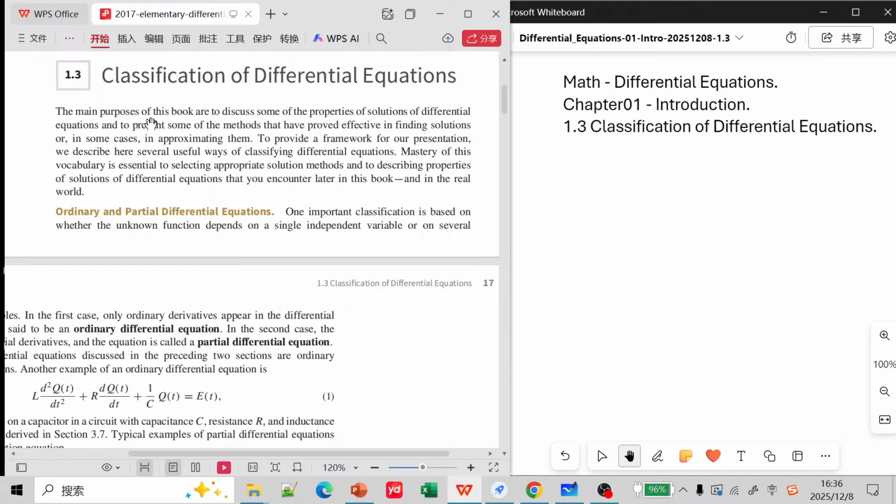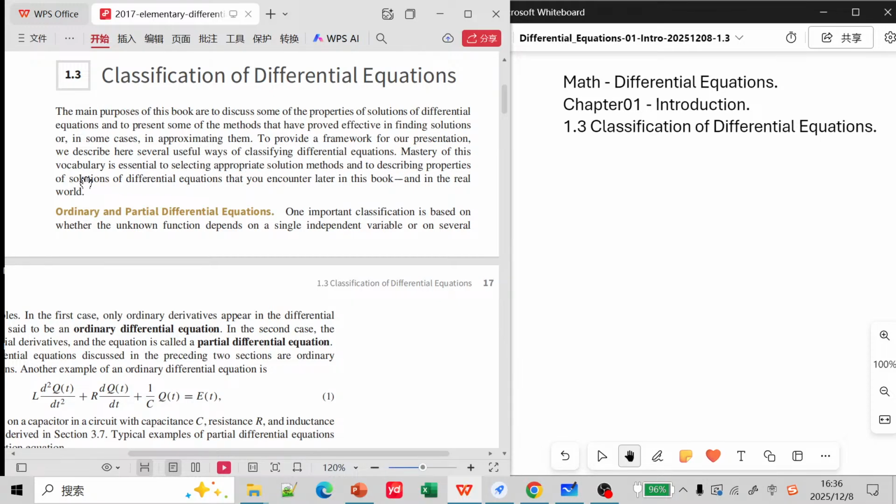The main purposes of this book are to discuss some of the properties of solutions of differential equations and to present some of the methods that have proved effective in finding solutions, or in some cases in approximating them. To provide a framework for our presentation, we describe here several useful ways of classifying differential equations.